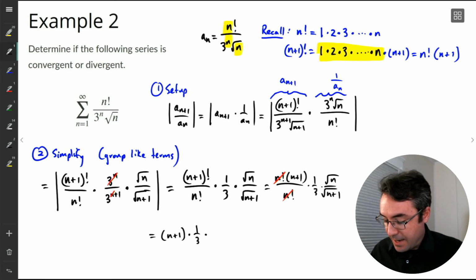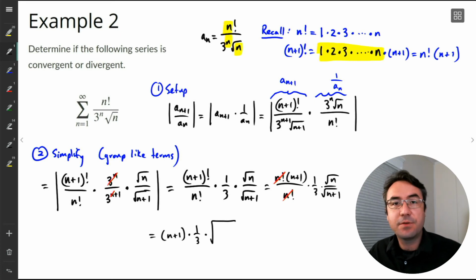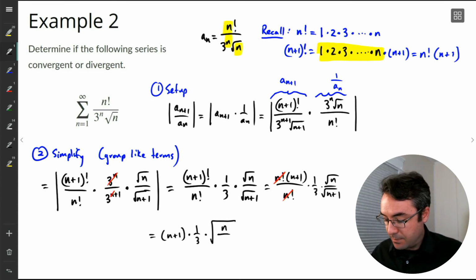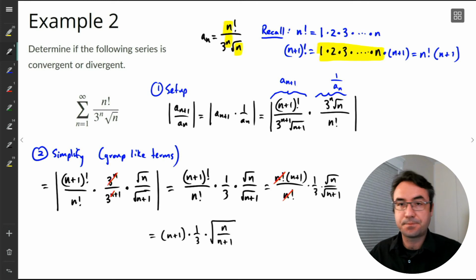So we could write that as everything under one big square root. So n over n plus 1. And there we go. That's pretty good. I mean, maybe there's a little bit more simplifying we could do, but that's pretty good.